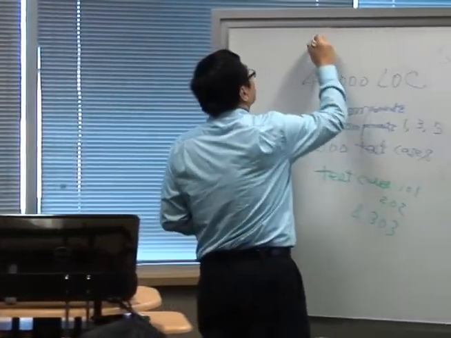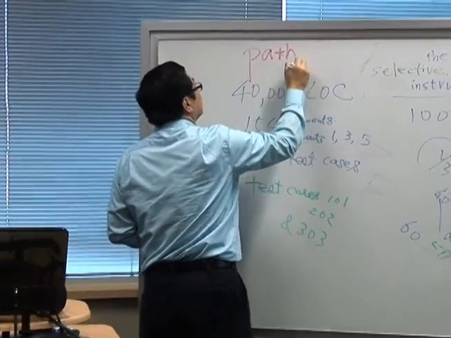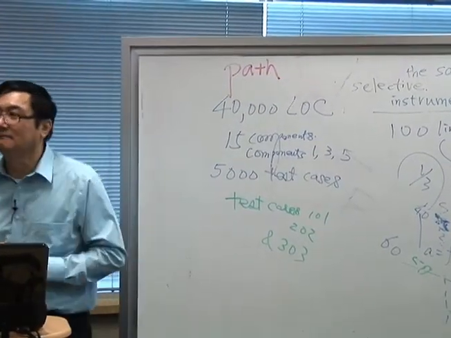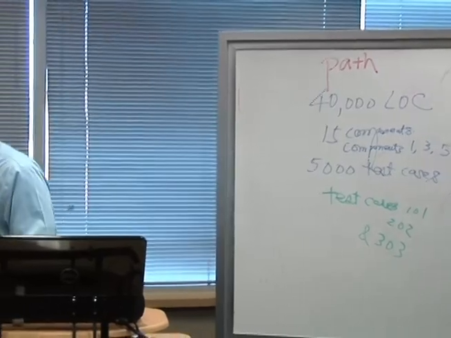Now the question is, should I remember the actual sequence? Come here, there, and here. That's one sequence. Come here to here and here. That's another sequence. What is this? This is the path. It's more than just 2 times.